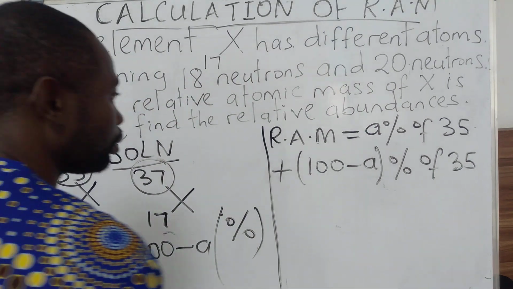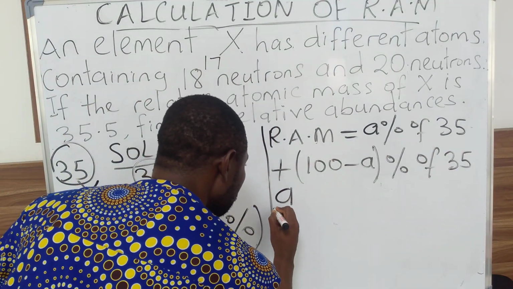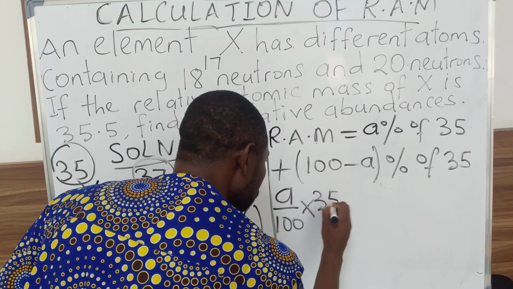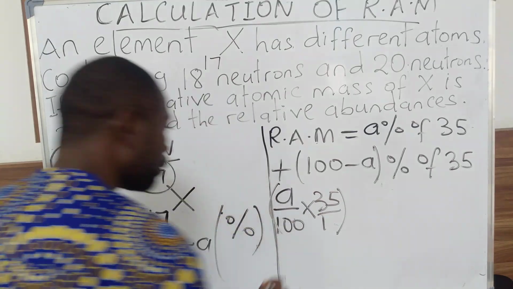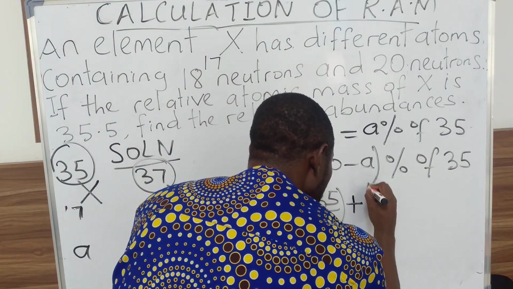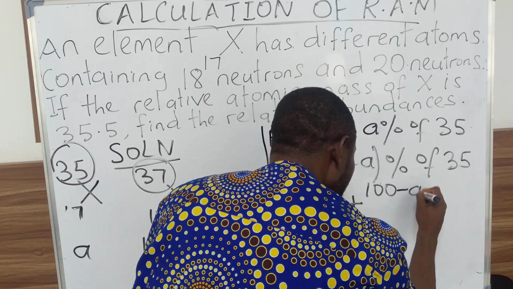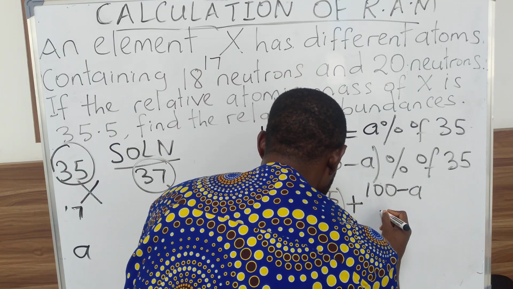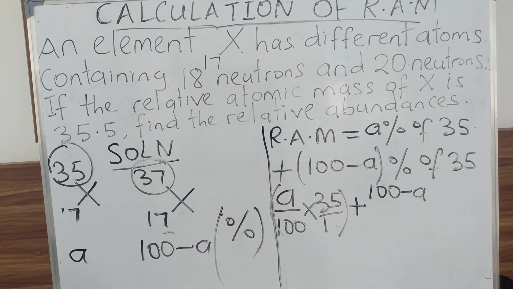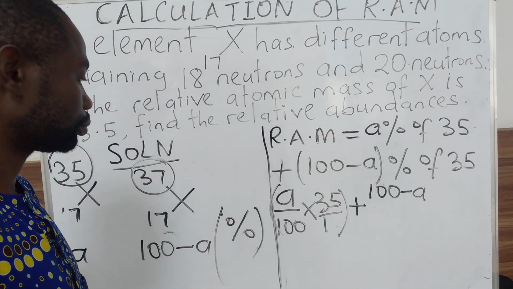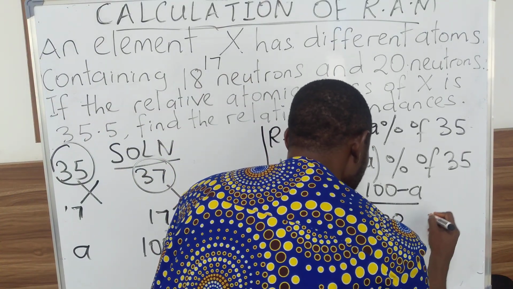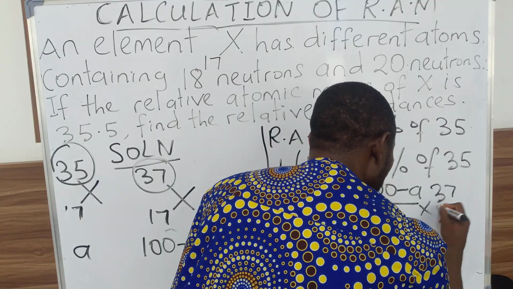That means A percent means A over 100 times 35 over 1, plus 100 minus A over 100 times 37 over 1.